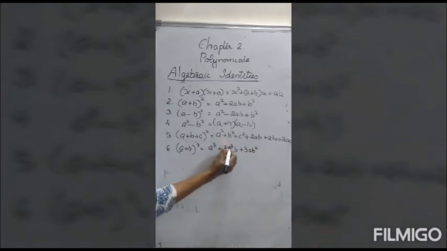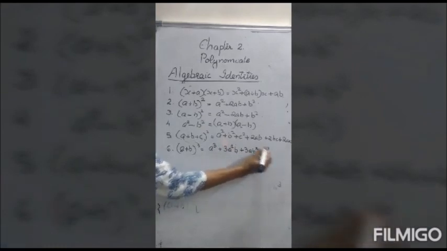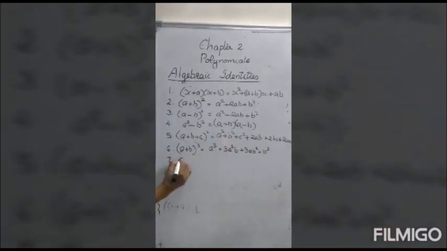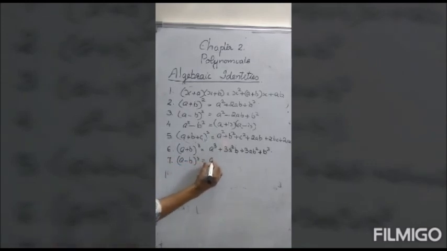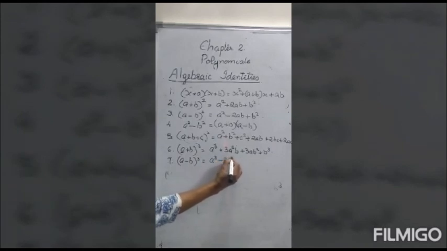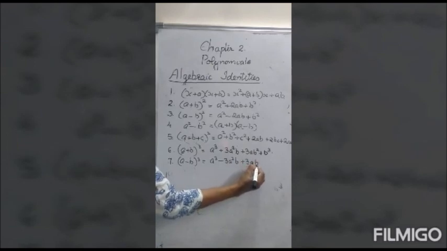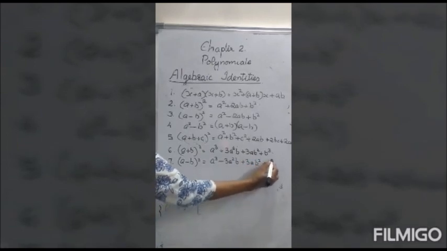The power of a is decreasing and the power of b is increasing, plus b cube. Now seventh, (a - b) whole cube equals a cube - 3a square b + 3ab square - b cube.